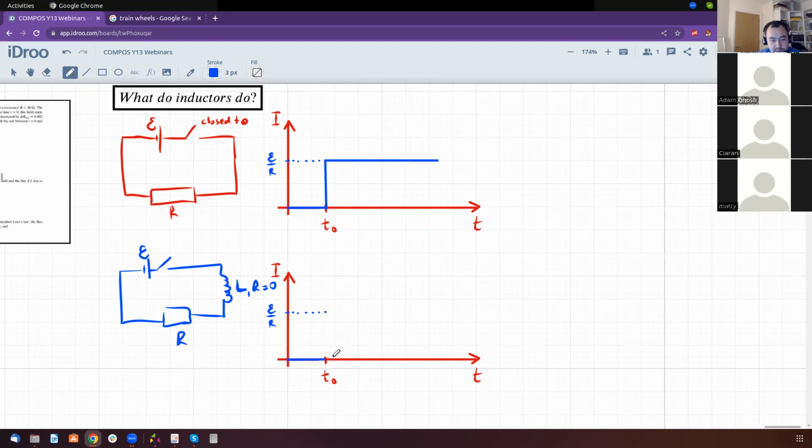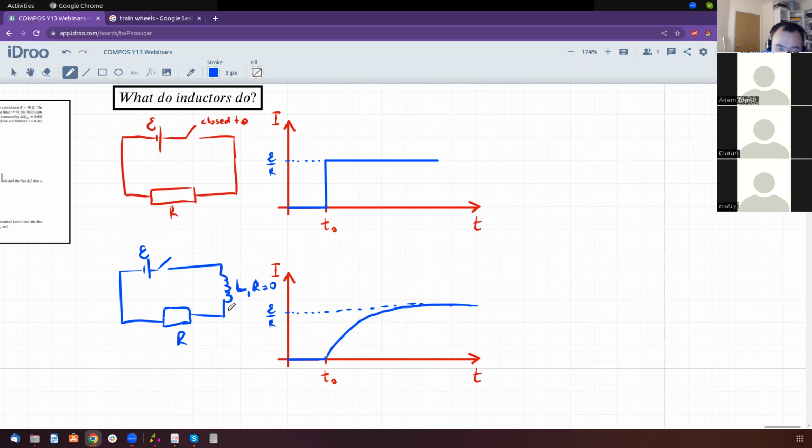The current will start increasing. EMF. It would start increasing like this, and it will end up being the same, EMF over R. So the inductor smoothens out.